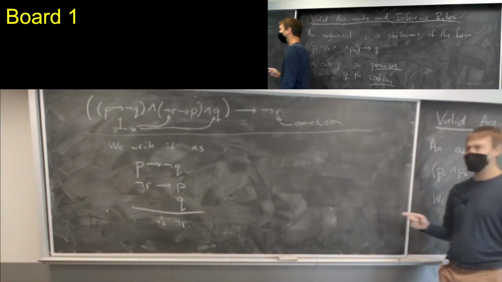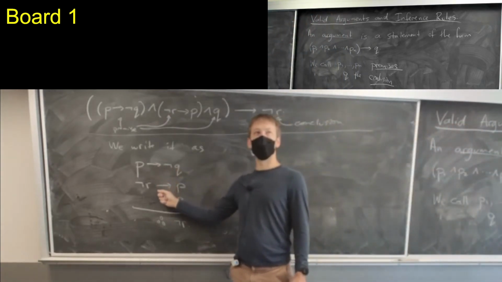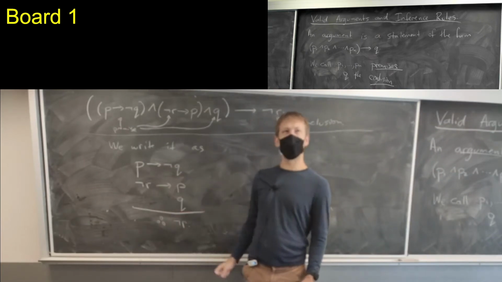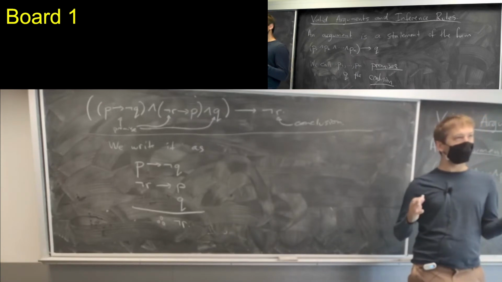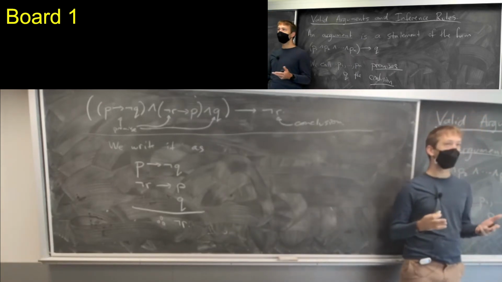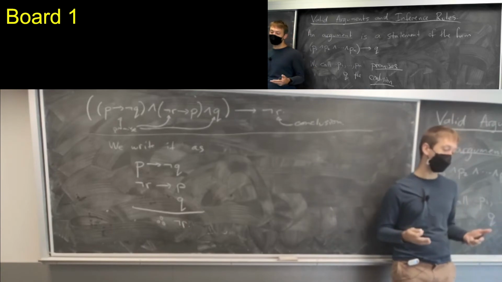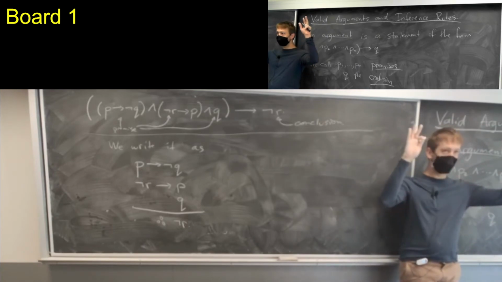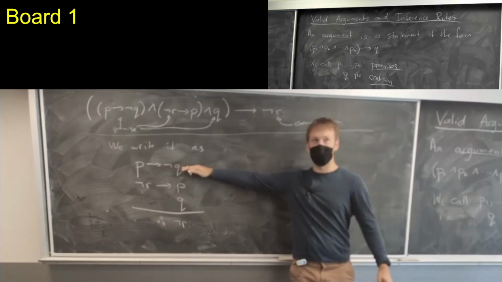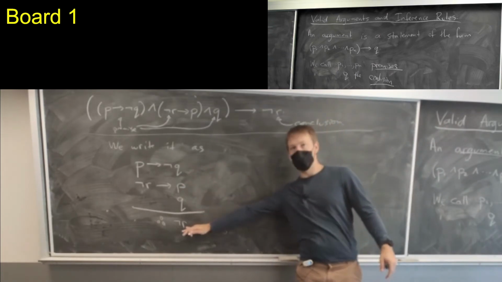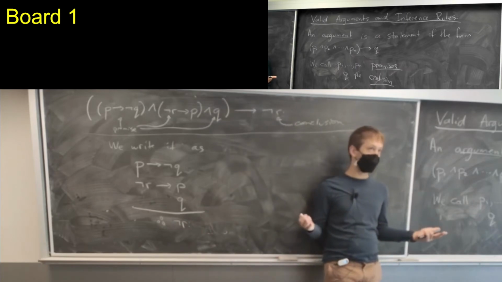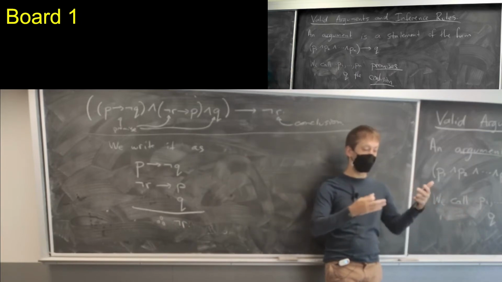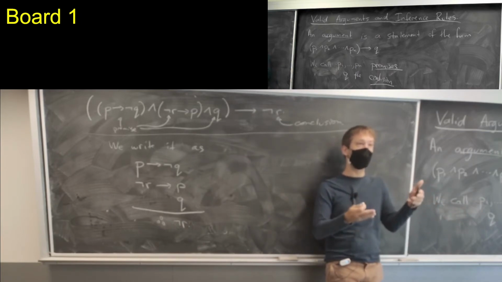If I put these things together, does it imply that not R is true, or is this complete nonsense? That's one thing you're going to have to be able to check. One type of question you'll see is an argument written in this form, line by line, therefore conclusion, and you have to say whether it is valid or invalid. Is this just nonsense, or is this really a true argument?